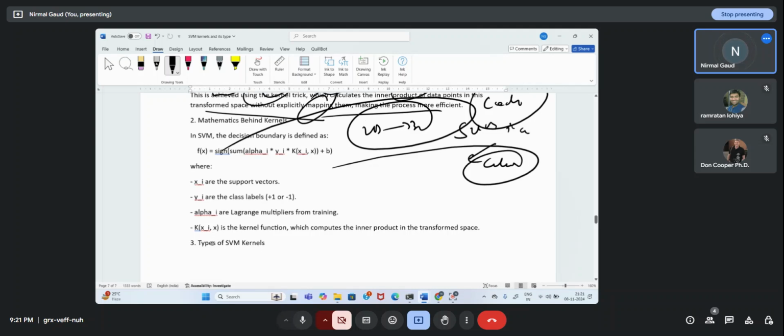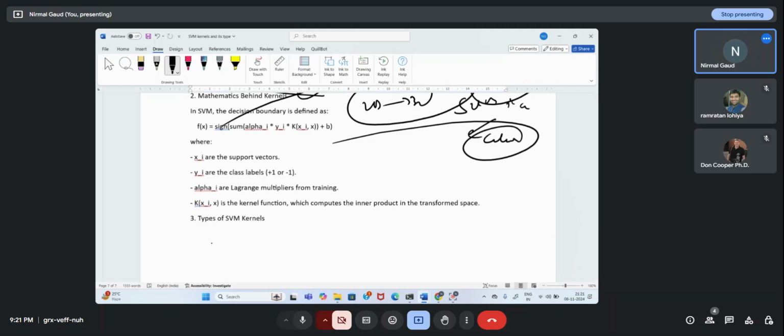Okay, so the maths behind the SVM we have seen already. We can write it as the sign of the summation of alpha_i, y_i, K(x_i, x) plus b, where x_i are the support vectors and y_i are the class labels.